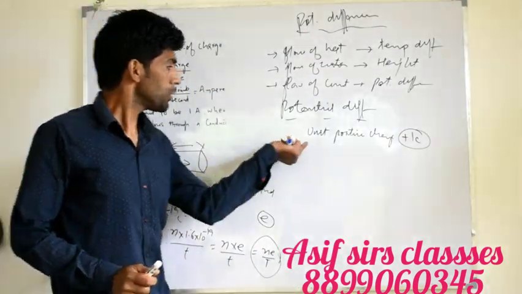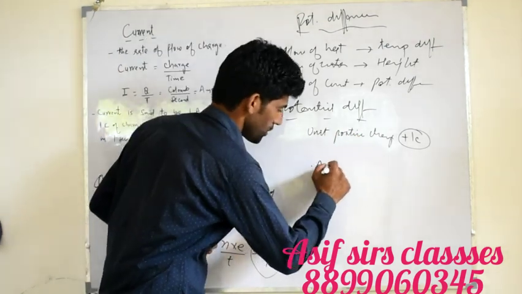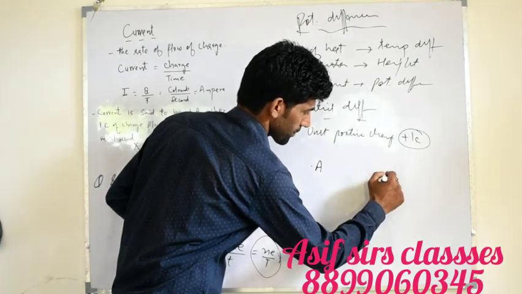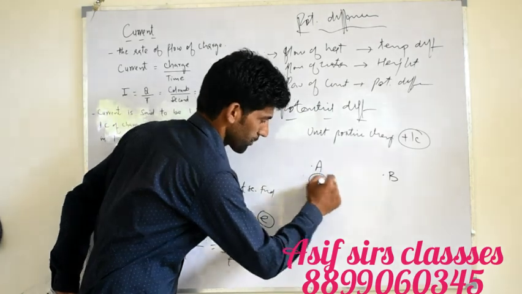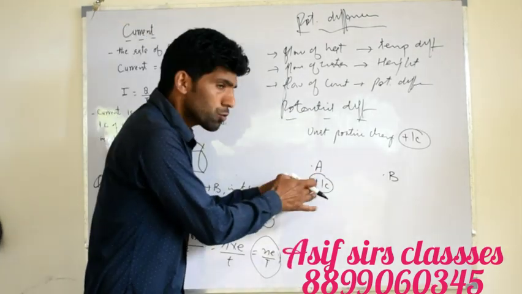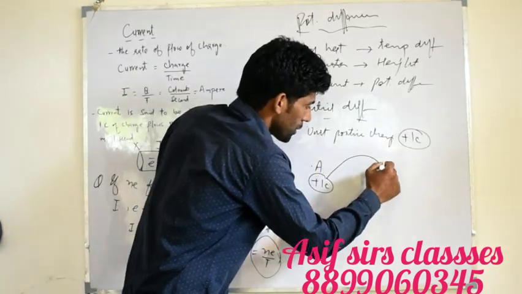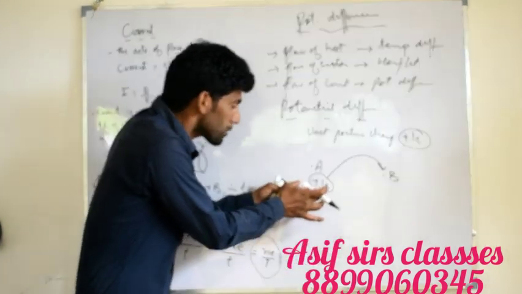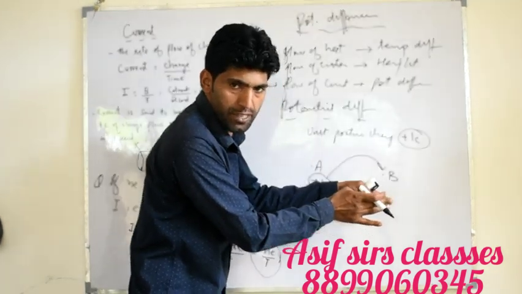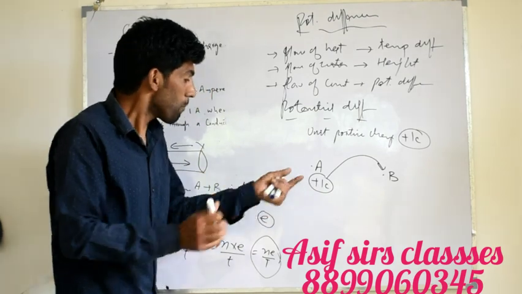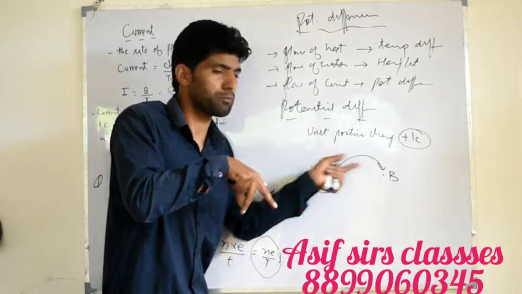I will take two points, say point A and point B. At point A, I take plus 1 coulomb of charge, and I am taking this plus 1 coulomb of charge from point A to point B. That means plus 1 coulomb of charge is made to run from A to B.